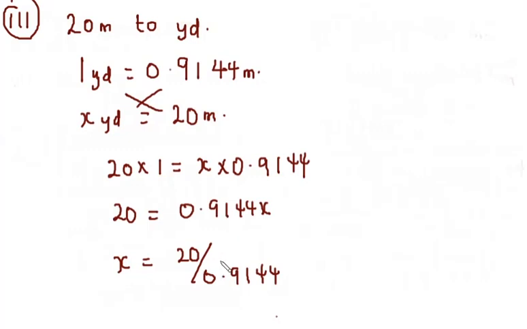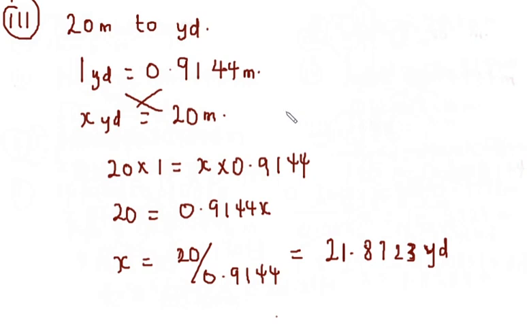If you divide both sides by 0.9144, this is what you should get. 20 divided by 0.9144 is 21.8723 yards. So this is the equivalent of 20 meters in yards.